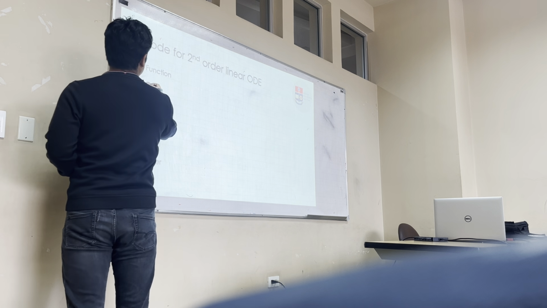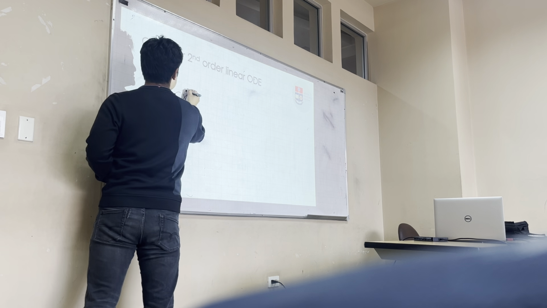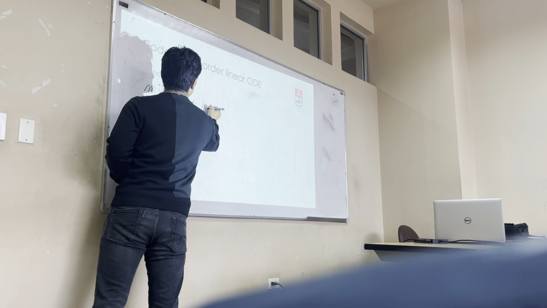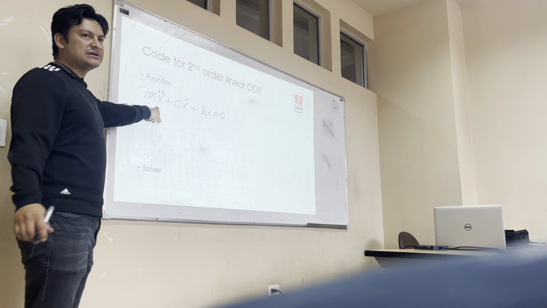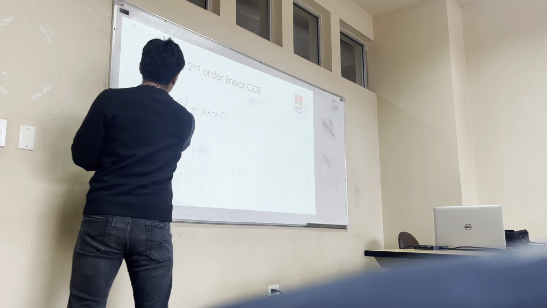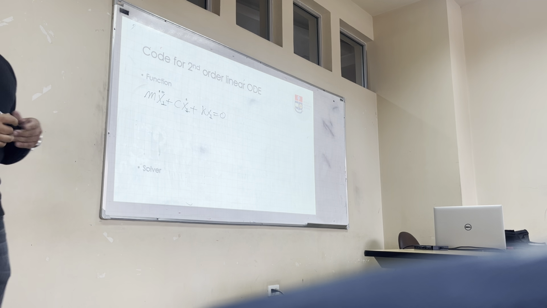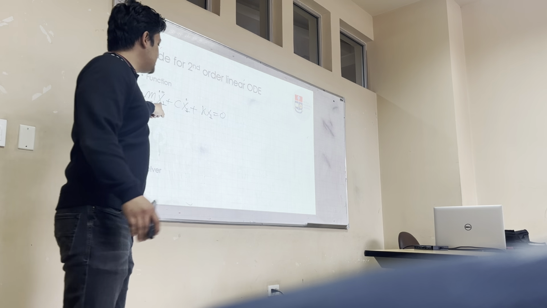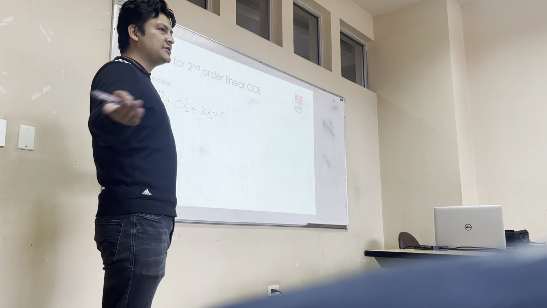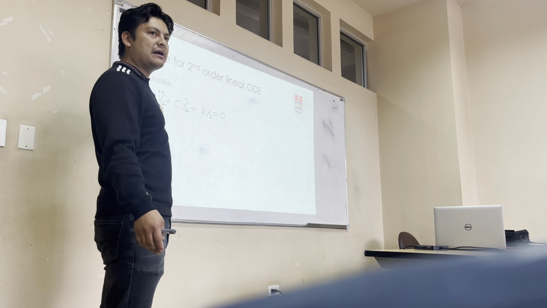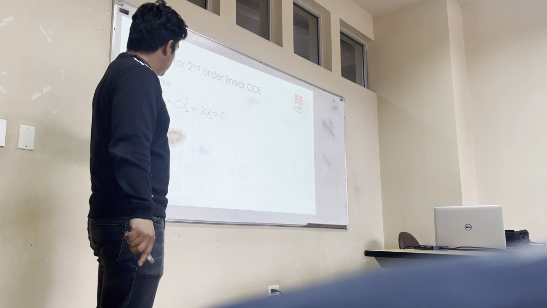If we have this equation plus cx dot plus x equals 0, let me just give another name for them. Let me just put this 1, 1, 1. What's the reason for that? Because this is for 1 degree of freedom. We have several degrees of freedom. We will have several variables of x, x1, x2, x3, and so on. Right, let's just put this there.